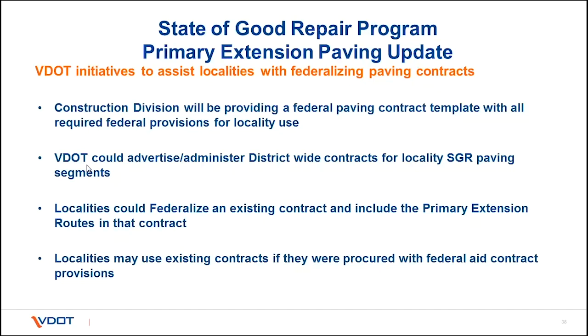But it would have to be procured that way. I clearly see where you're coming from, whoever's asking the question. Really what we're saying is if you're already procuring paving contracts, but typically they're not federalized, you would need to flip the switch on at least one of those contracts when you procure it and make it a federal aid contract.